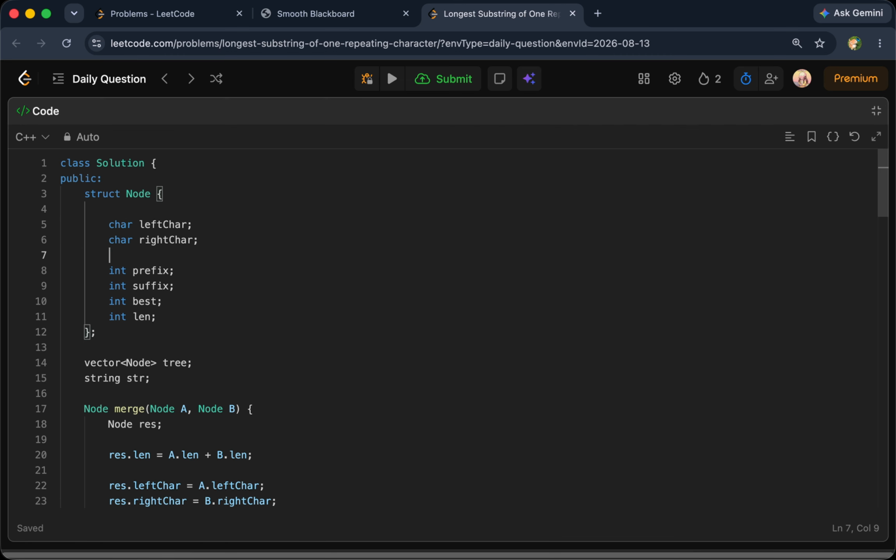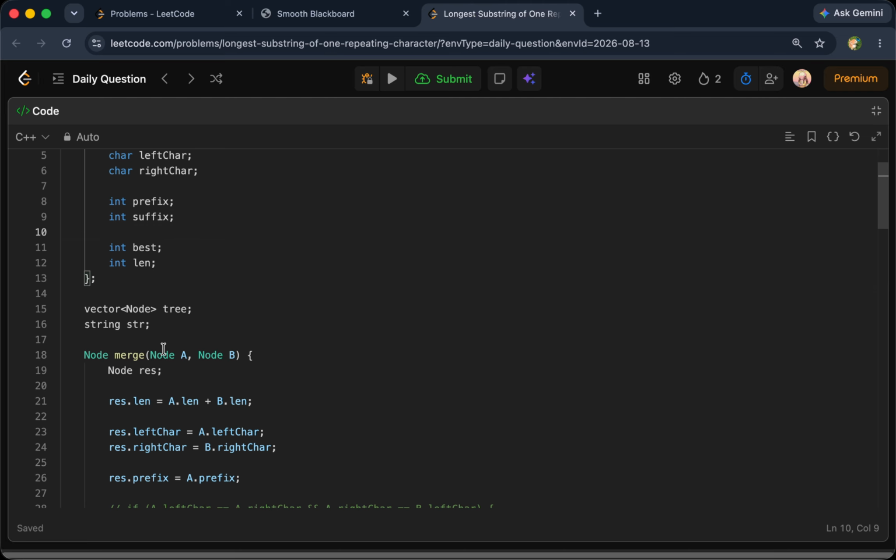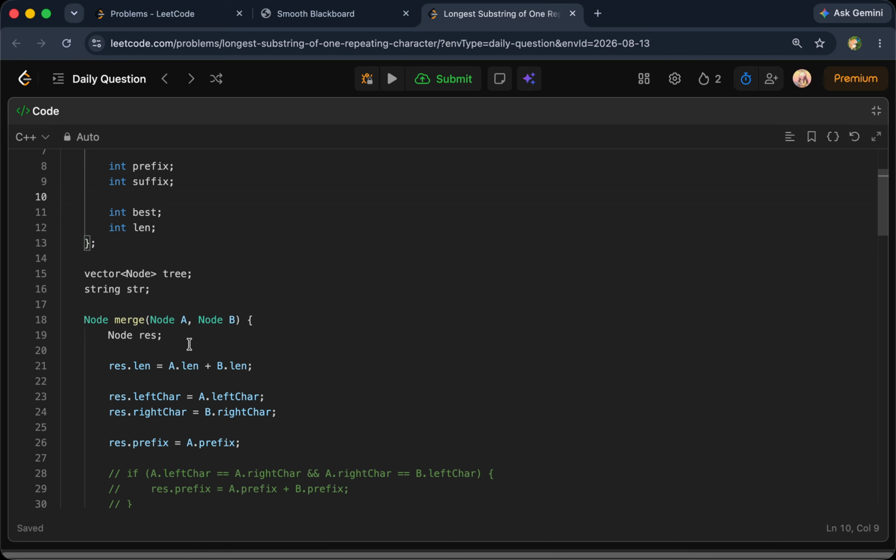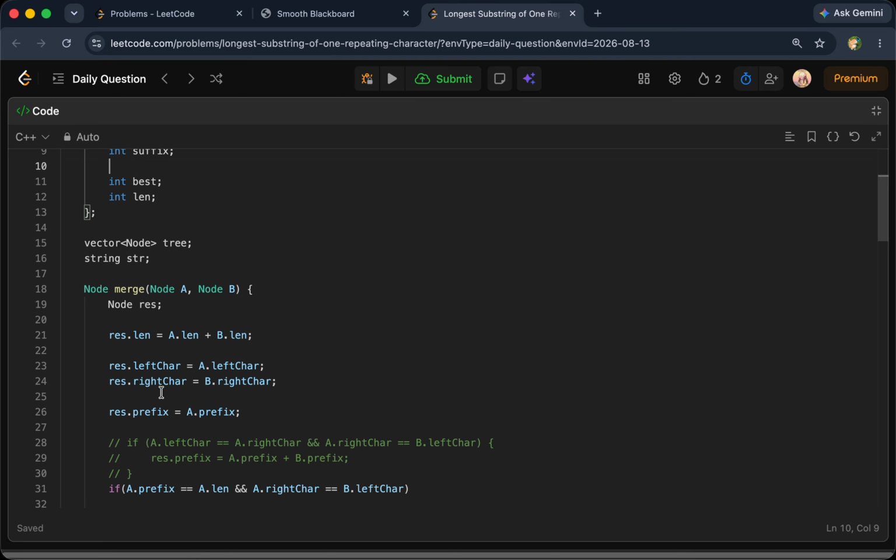Left character, right character, then we do prefix, suffix with our class, and I have best. So merge node A and B: the total length is A's length plus B's length. Boundary check, then prefix.